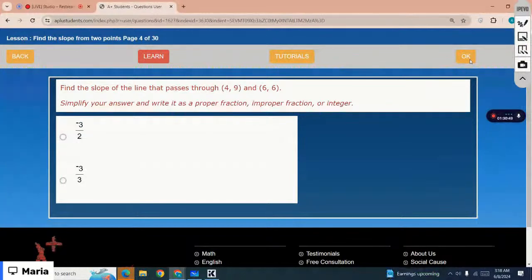Find the slope of the line that passes through point 4, 9 and 6, 6. So which is the correct option?